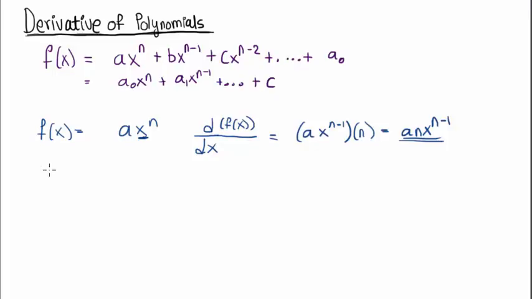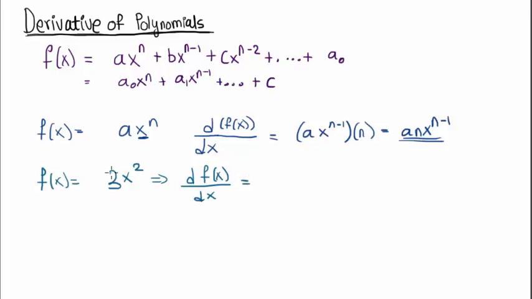So for example, let's say I have something like f of x is equal to 2x squared. Actually, I'm going to write it as 3x squared. So what is the derivative of f of x with respect to x?